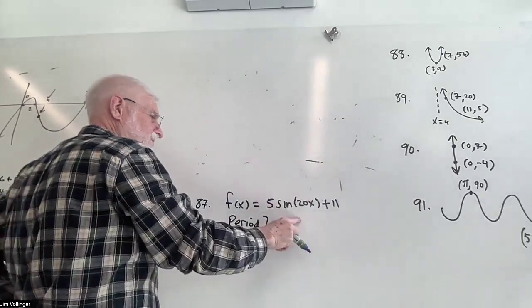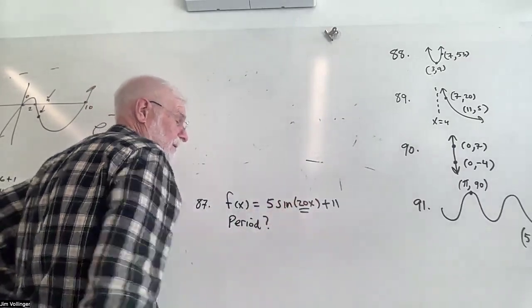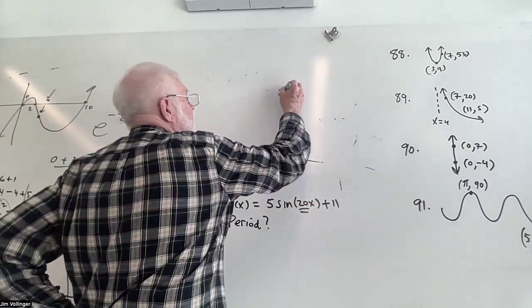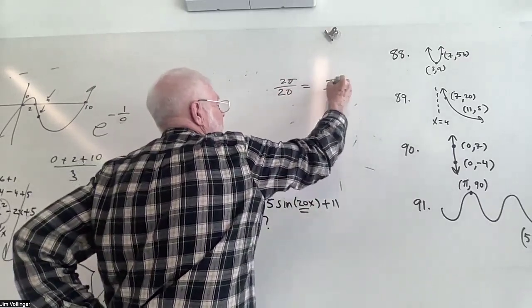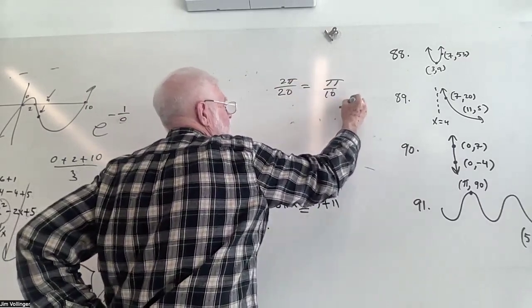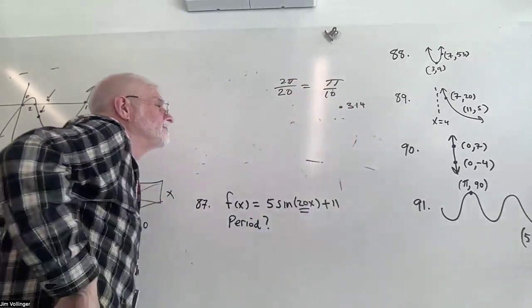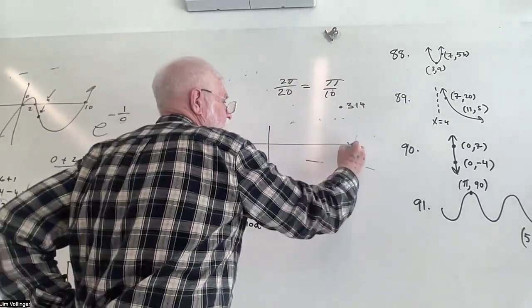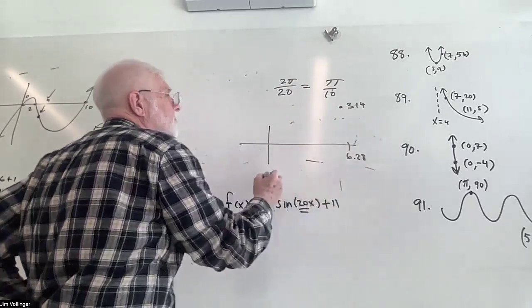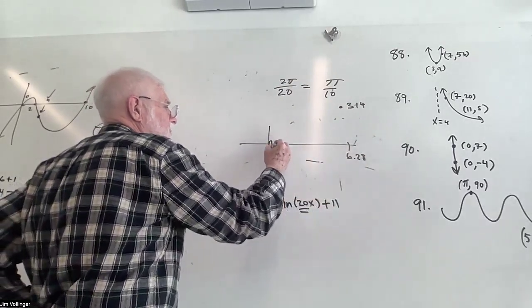What's the period of this function? Multiplying by 20. So I'm looking at 20 into 2 pi. I guess the period's pi over 10, which is about 0.314. So I'm getting a sine function, which normally ends at 6.28, now ends at 0.314. Boom, boom, boom, boom.